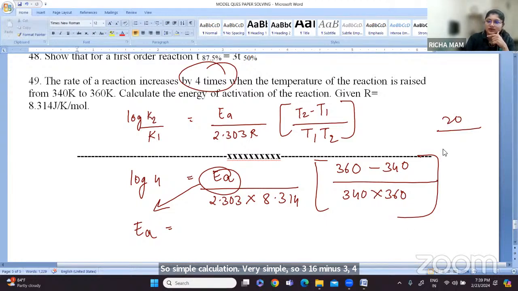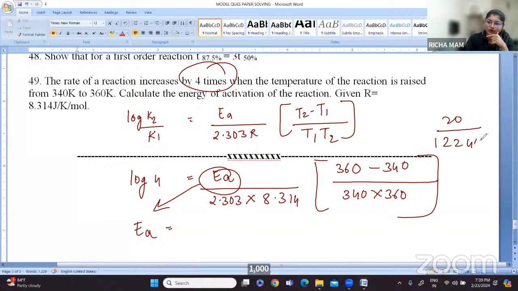Simple calculation, very simple. Or else what we can do, we can keep this as 20, and keep the rest like that only, so that further it will be easy.